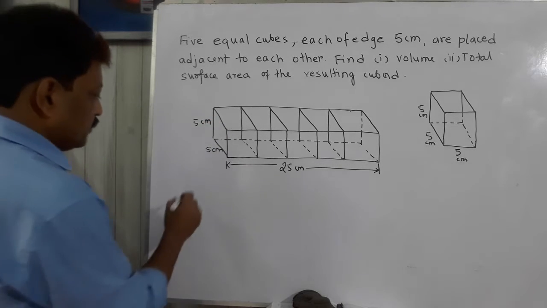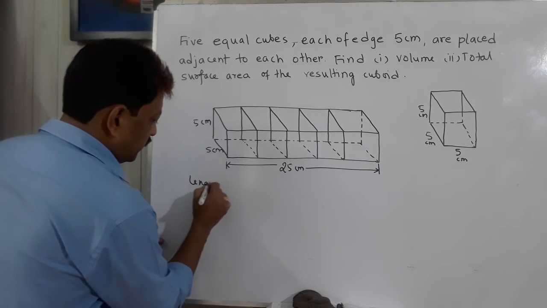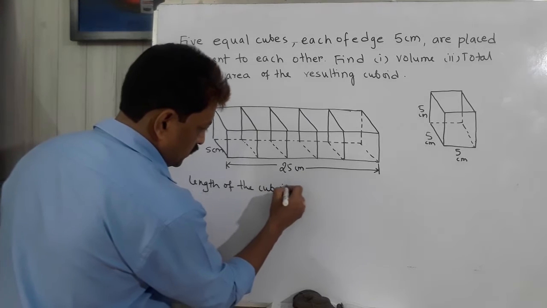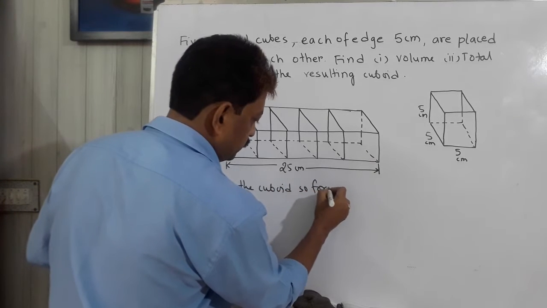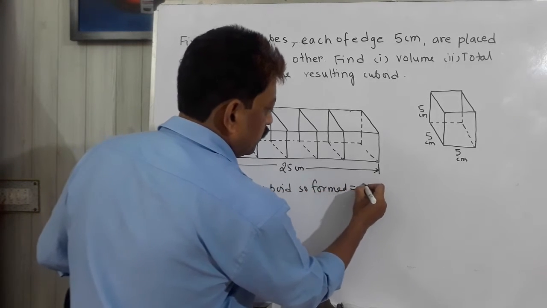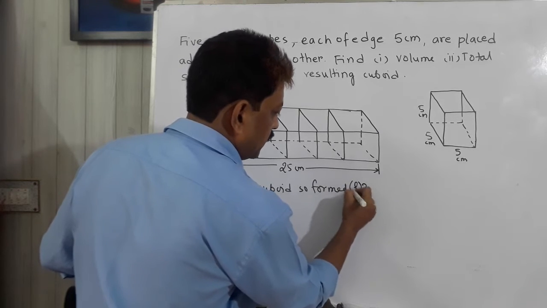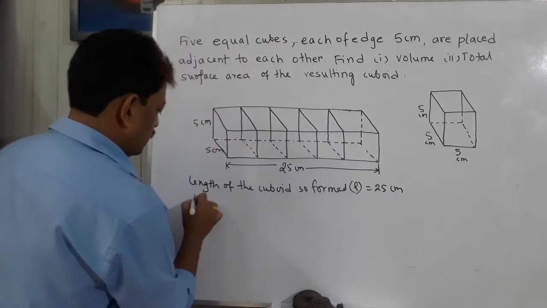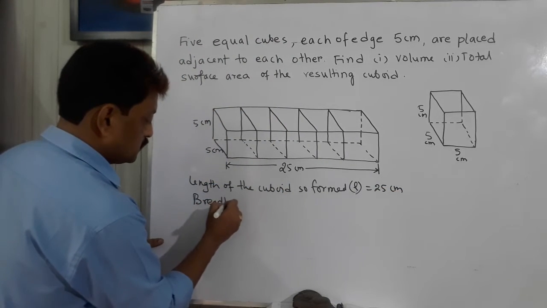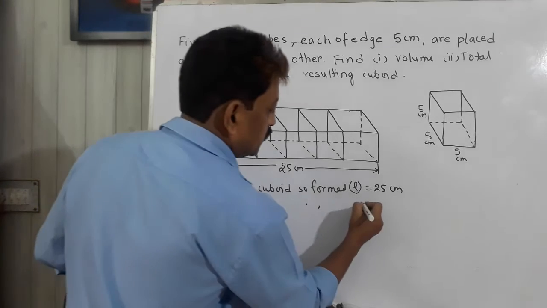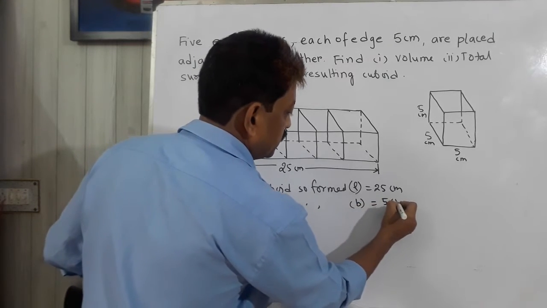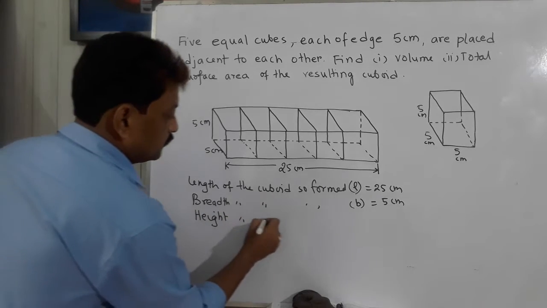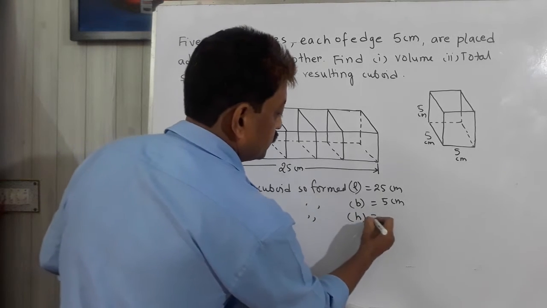Okay. So length of the cuboid so formed, L equals to 25 centimeter, breadth B equals to 5 centimeter, and height H is equals to 5 centimeter.